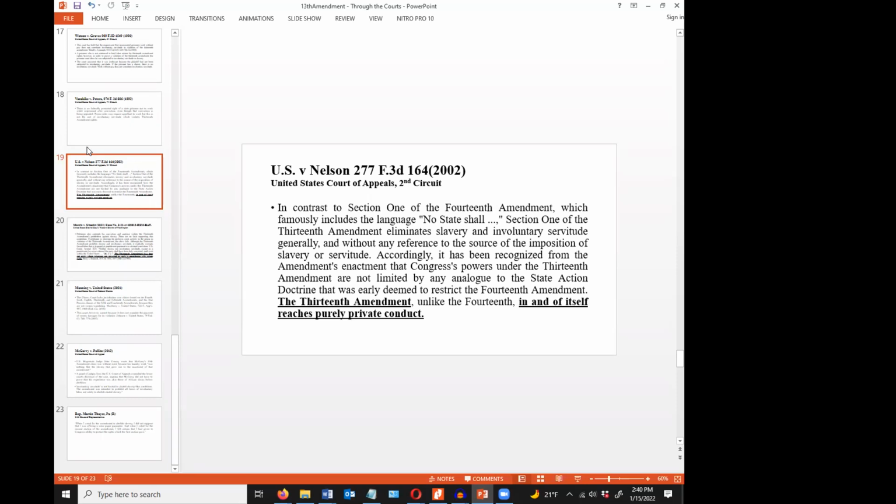Like, I cannot force you to work. I can't force you to be my slave. I can't do that. But if I was a prison, or if I was a private prison contracted through the state, that I could force a person into working. And call it voluntary.